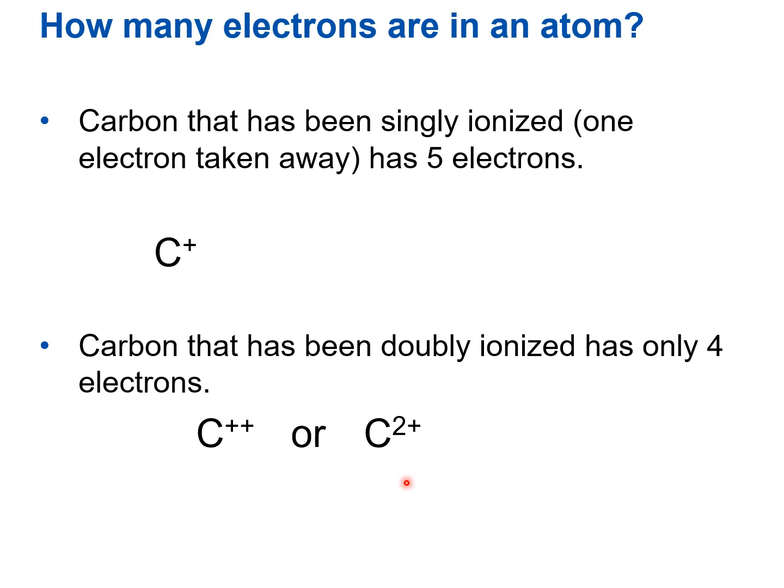So if you see the symbol C2+ or C++, you think it has a charge of +2, meaning from its neutral state, it had 2 electrons pulled away from it. So if you want to know how many electrons are in there, you have to think, what was it in its neutral state? Well, if it's carbon with 6 protons, it originally had 6 electrons. And if 2 have been taken away, now it only has 4.